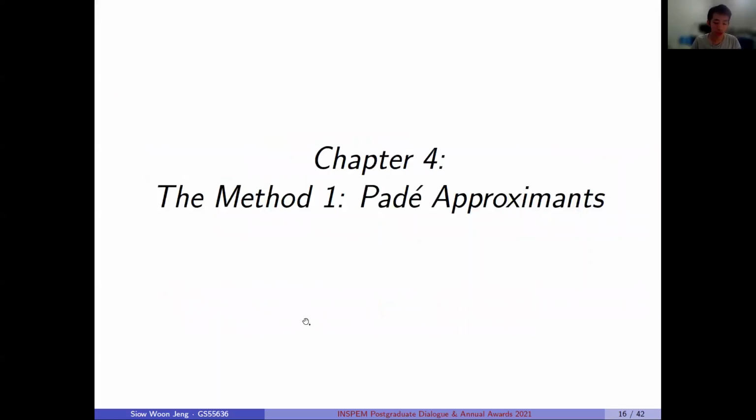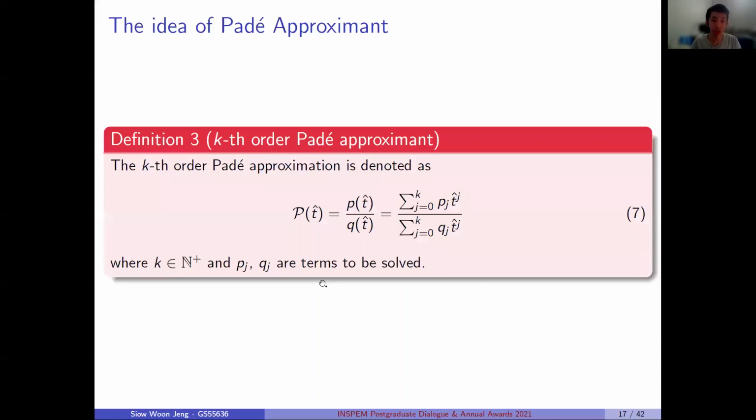So to get around the problem, we can use two different methods. In chapter 4, we have the first method, which is the Padé approximant. The Padé approximant is defined as a rational approximation of polynomial equations. So for some specific reason, the order of the terms in the numerator must be the same as the denominator.